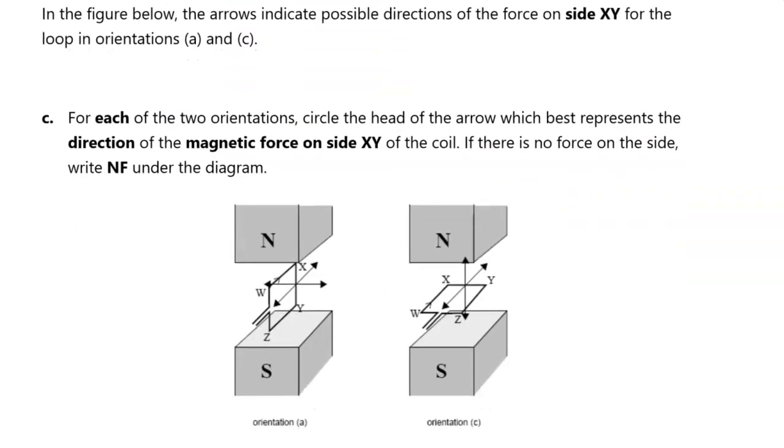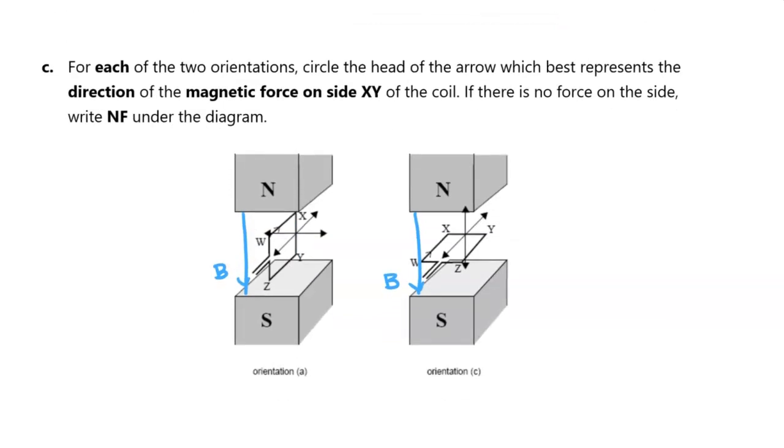So now we've got another one. We're looking at side XY now, and we want to consider which represents the direction of the magnetic force on side XY. So let's put this B field in again, just to have something to refer to. We can see in this situation, XY is parallel to that magnetic field, so we have absolutely no force going on in this direction.